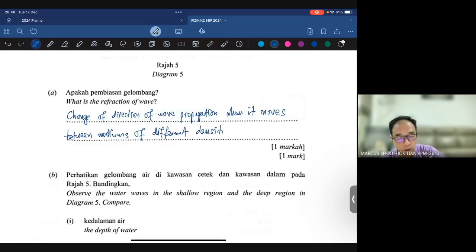The change in densities is the one that causes the change of direction of wave propagation.